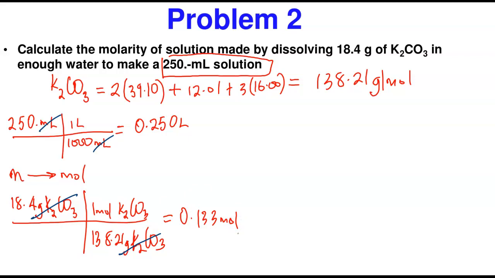Now, but we're not done. That's not the answer. Remember, we now have our liters and we have our moles, so we need to plug them into the formula. Molarity is going to be the moles, 0.133 mole, divided by 0.250 liters.